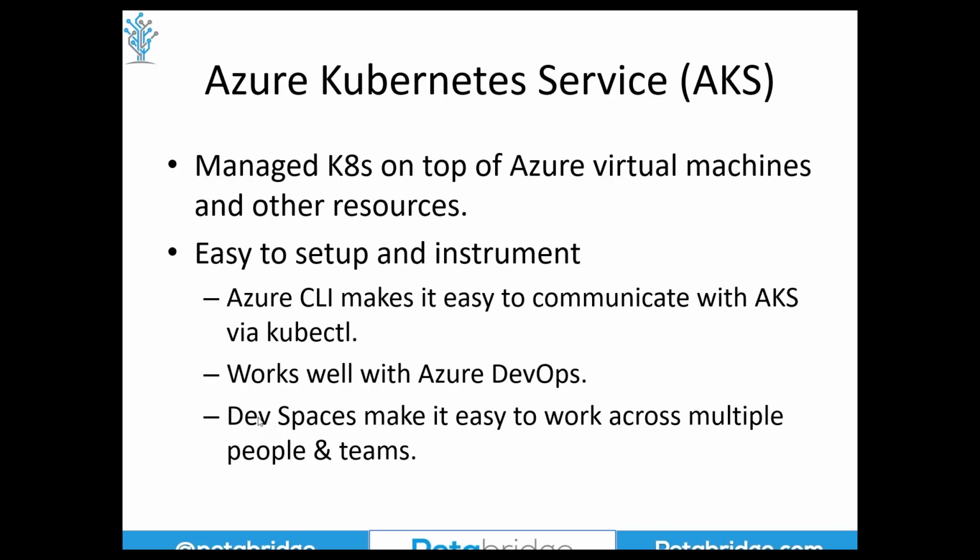And the Azure Kubernetes Service has a unique feature called Dev Spaces. If you have a team of 20 developers, each developer can have their own development space inside the Kubernetes cluster. They can set up their own containers and everything else without tripping over anyone else. So Dev Spaces makes it possible to do multi-tenant partitioning of a Kubernetes cluster within your local development team.